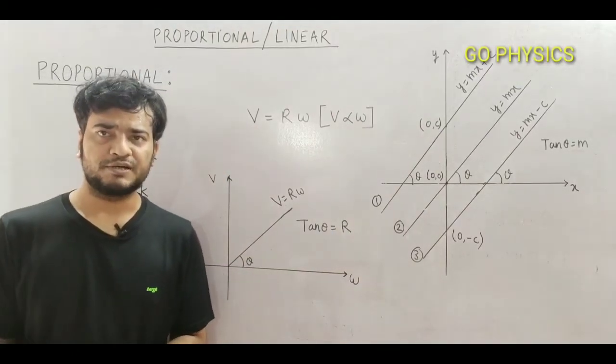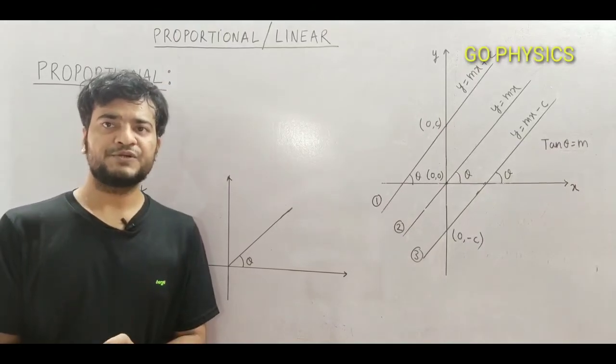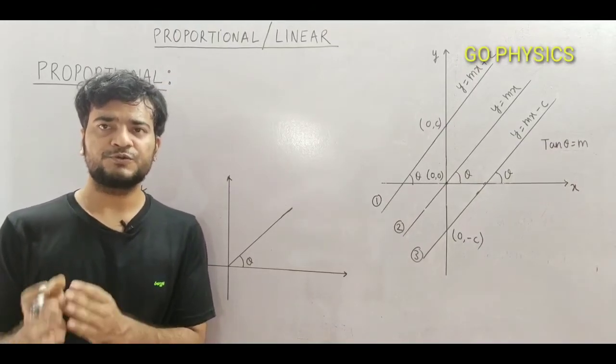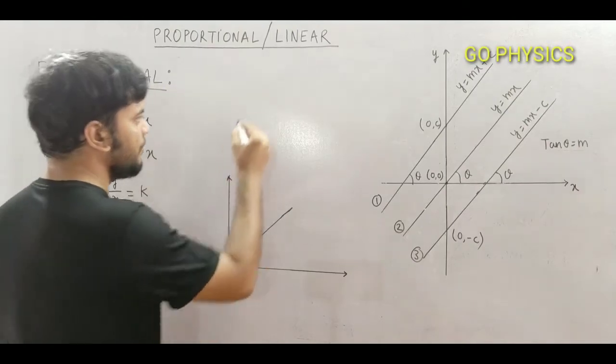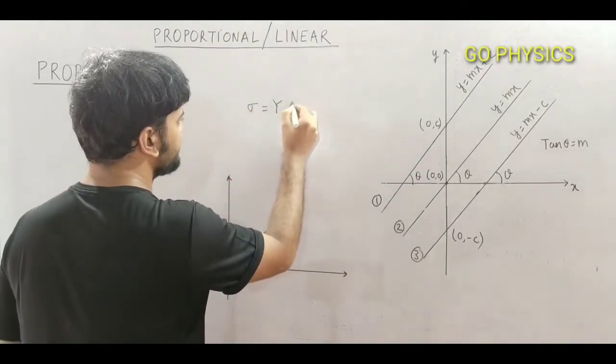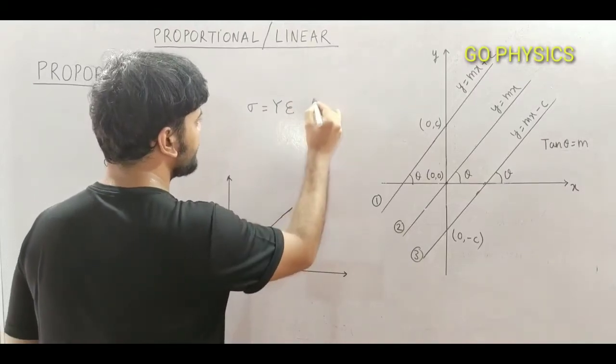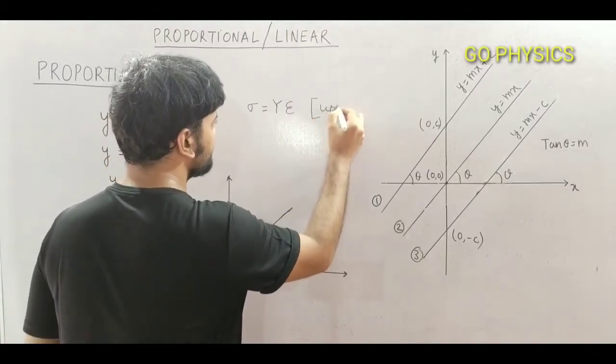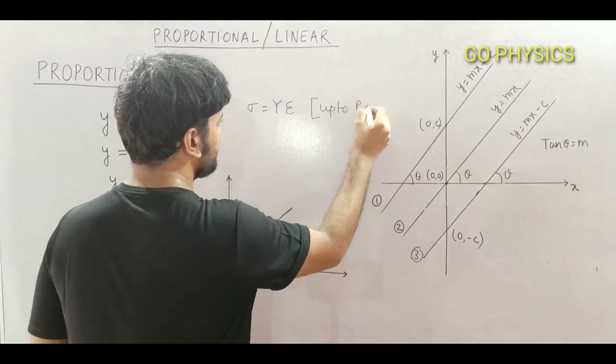Now let's see one more example. Up to the proportional limit, we know that stress is proportional to strain, or stress equals Young's modulus of the body into strain. This formula is applicable up to the proportional limit.